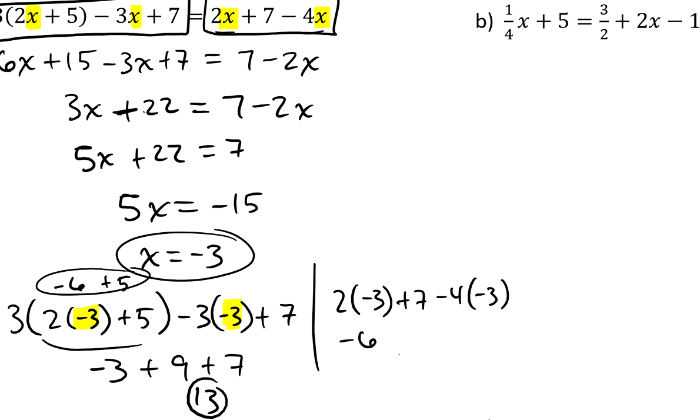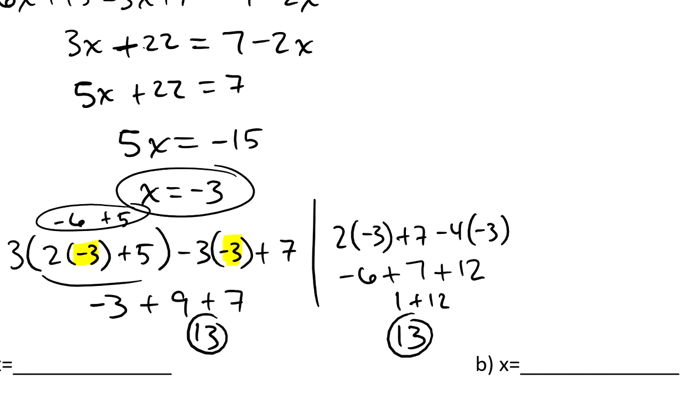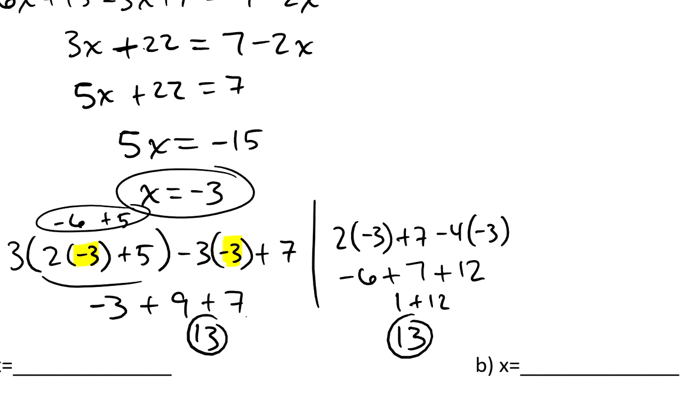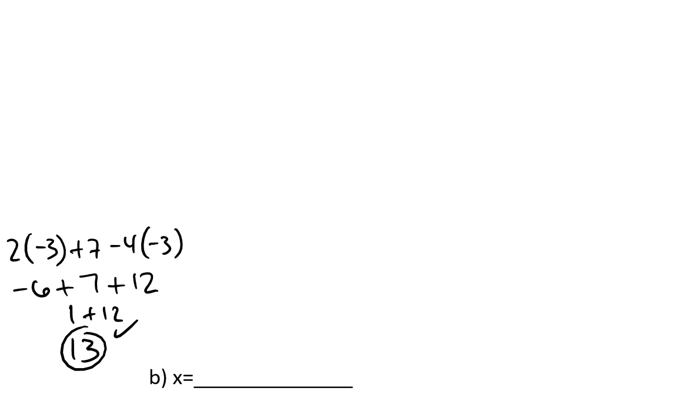So this is negative 6 plus 7, and then this would be plus 12. Negative 6 and 7 together is a 1, and 1 plus 12 is indeed 13. So absolutely, when x is negative 3, it makes both the left hand and right hand side the same. It makes them both 13. So x equals negative 3 is my solution, and it's my checked solution. It worked. Let's move our attention over to B.